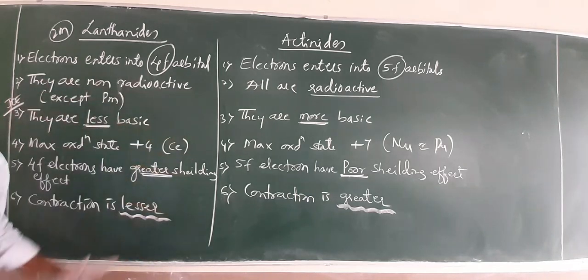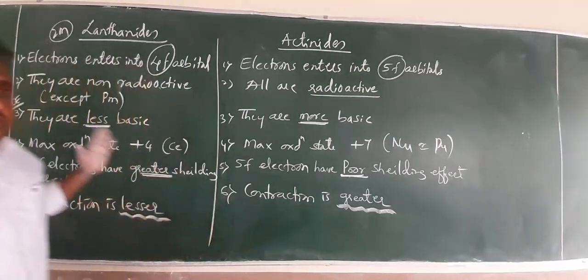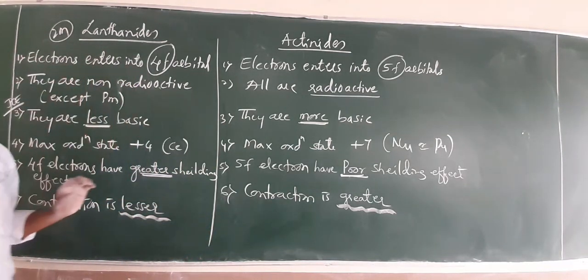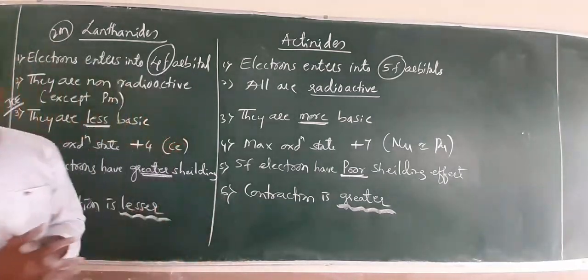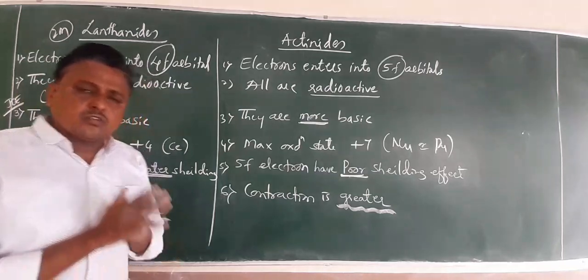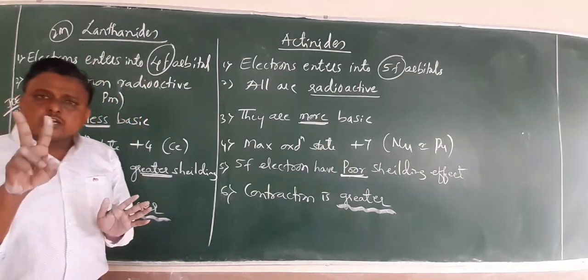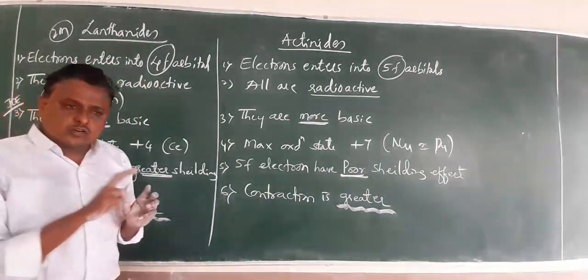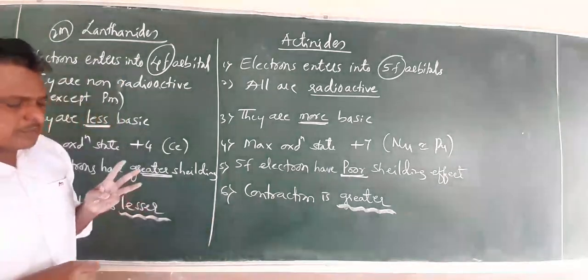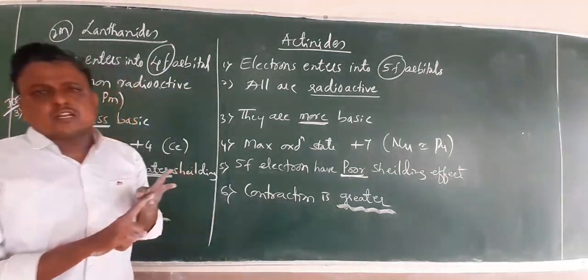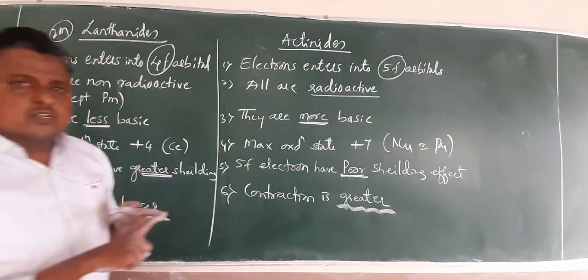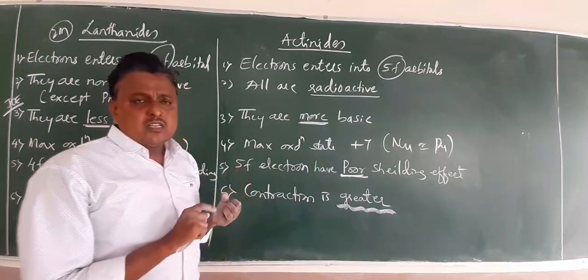Keep practicing these two concepts of lanthanoids and actinoids in this chapter. Dear friends, once again, lanthanoids and actinoids are F block elements. The weightage of this part is only 2 marks in your NCERT or Karnataka State Board. Several times, three questions are asked: what is lanthanoid contraction, what is actinoid contraction, and write the difference between lanthanoids and actinoids.